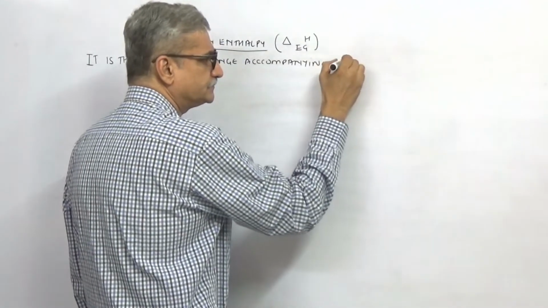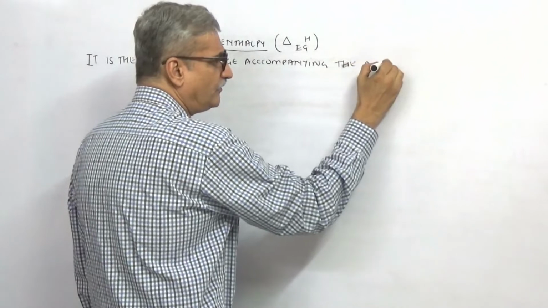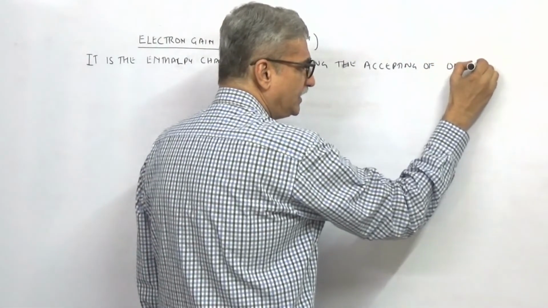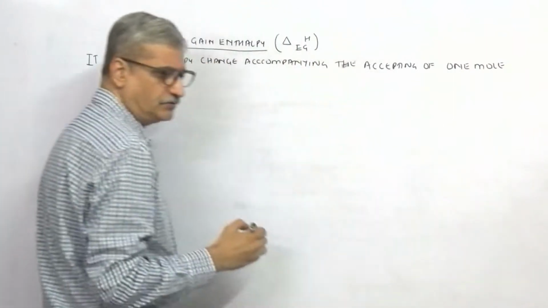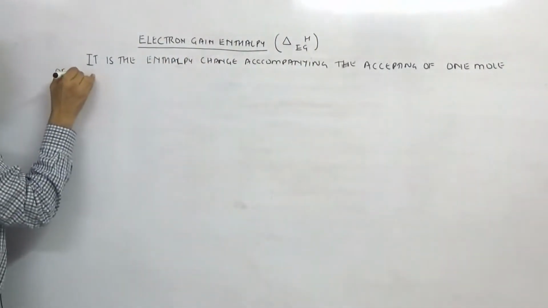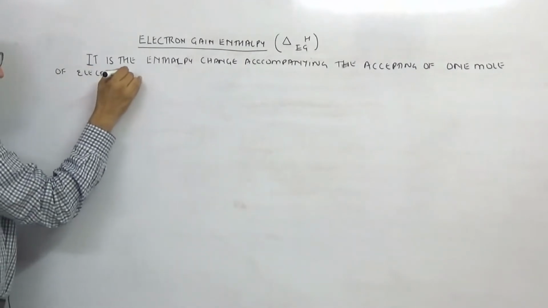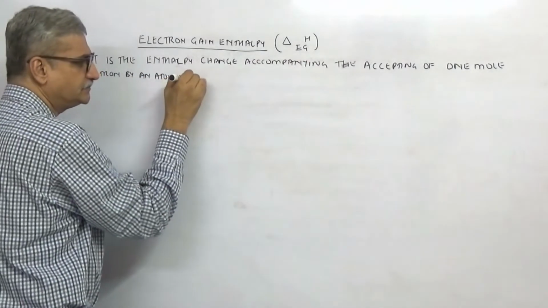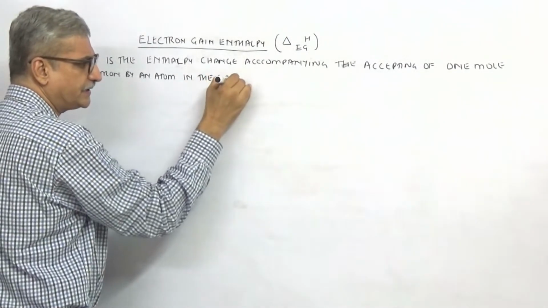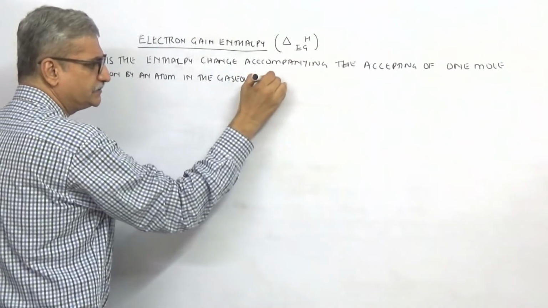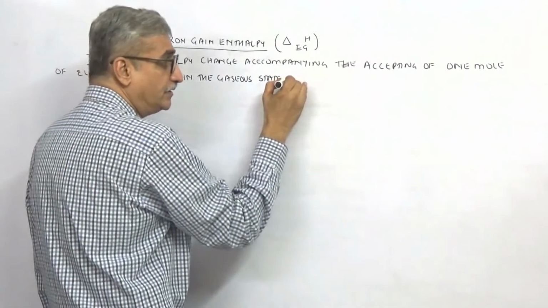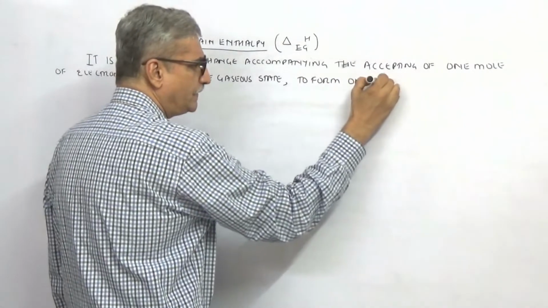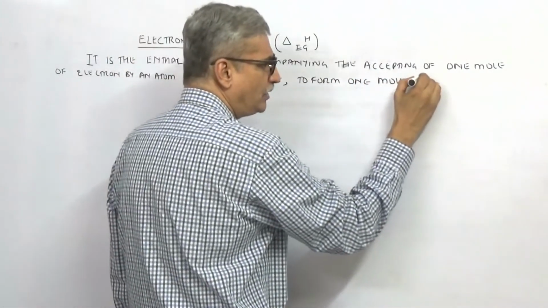the accepting of 1 mole of electron by an atom in the gaseous state to form 1 mole of anion.